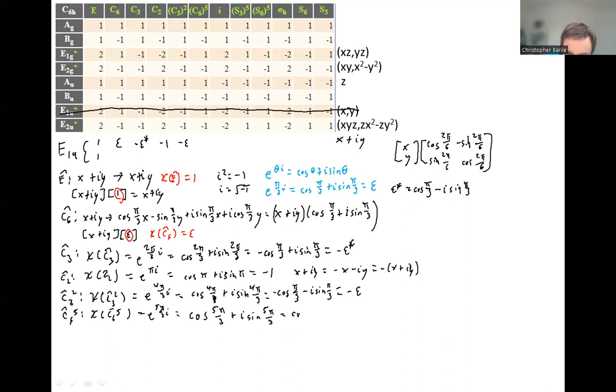So that equals cosine pi over 3, but we still have a minus i sine pi over 3. And so that one now is just the complex conjugate of epsilon, because just the imaginary component was negative.